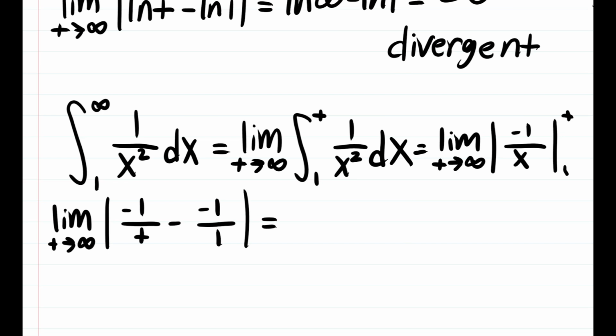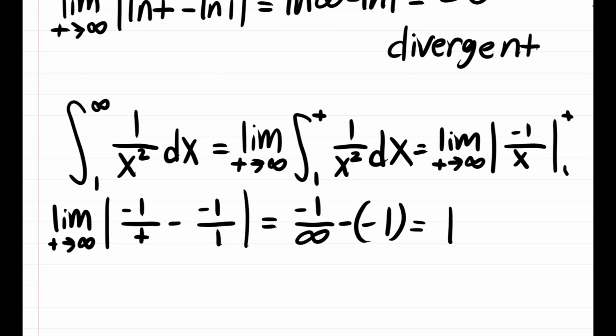And plugging in t as infinity, we get -1 over infinity minus -1. And so our final answer gives us an answer of 1 because -1 over infinity is just 0.